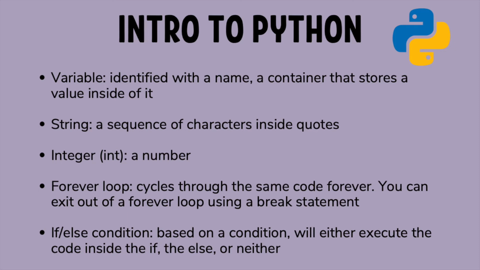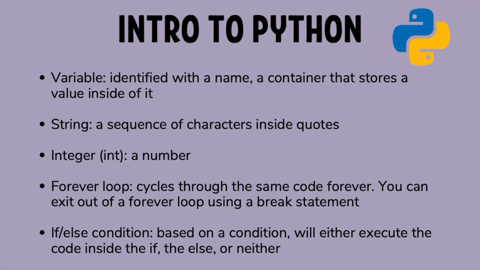A string is a sequence of characters within quotes. For example, "Welcome to the ecological footprint calculator" is a string. They are most commonly used when you want to output a text to the user. The numbers in our program will be of the type integer, referred to in Python as int. As you might remember from math class, an integer is a whole number, meaning it has no fractional component.